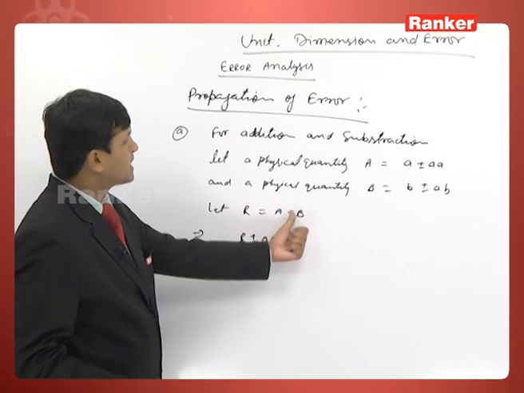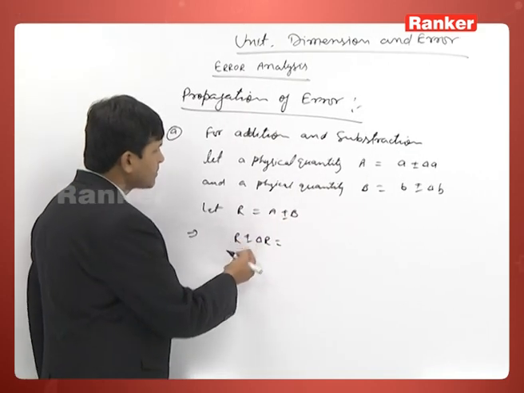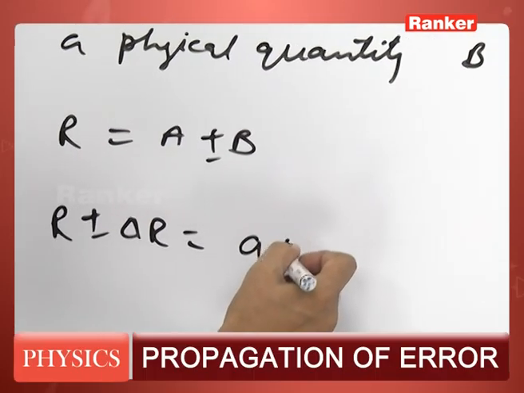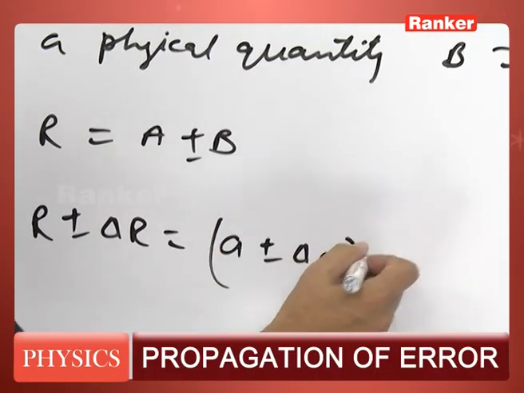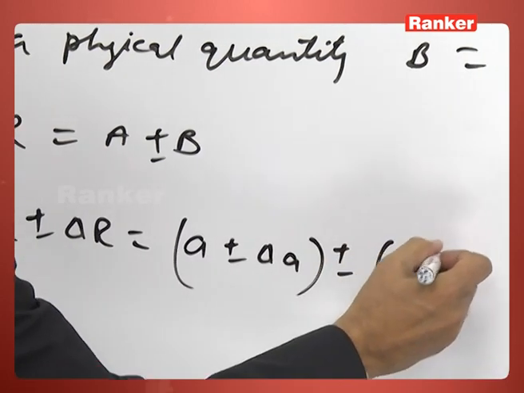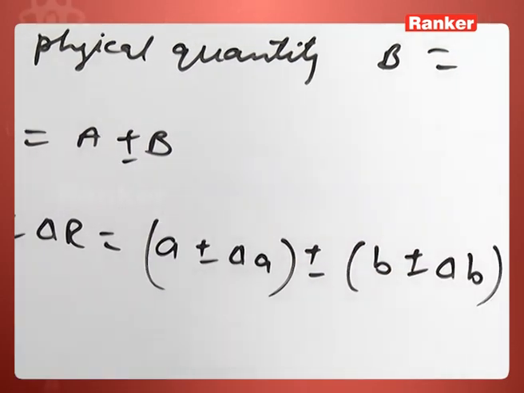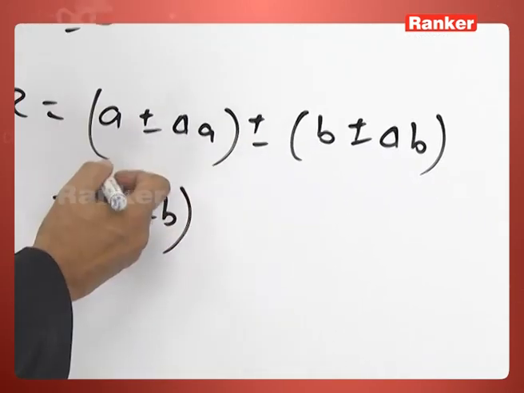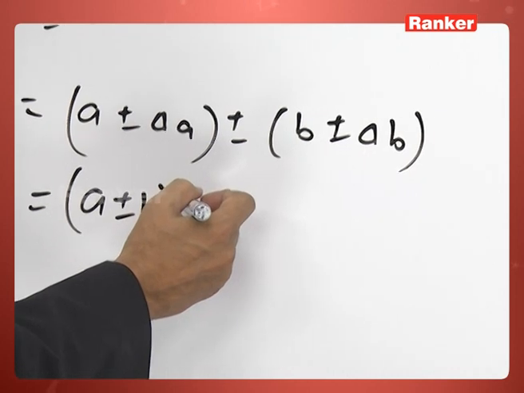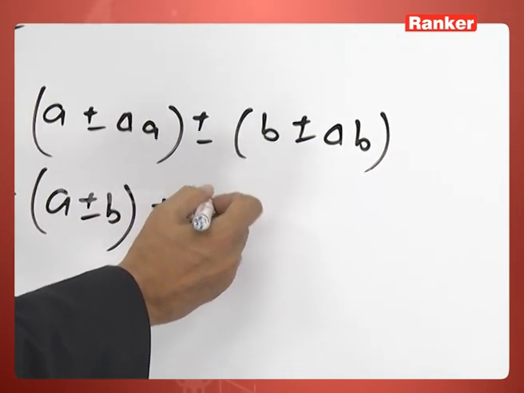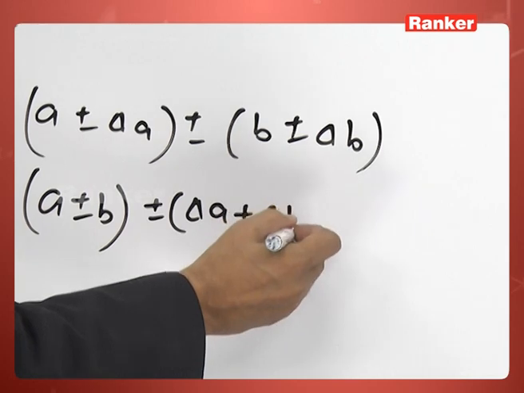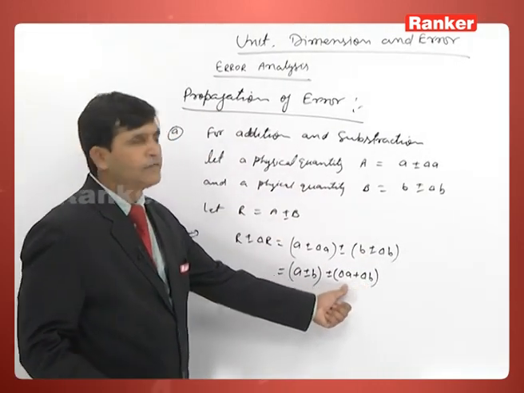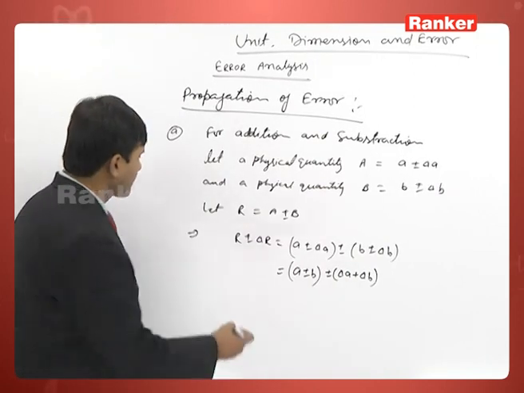So, R is written as A plus minus B. R plus minus delta R is A plus minus delta A, then plus minus B plus minus delta B. In this form it has been written as plus minus delta A plus delta B. So, always remember the error is always in additive nature.